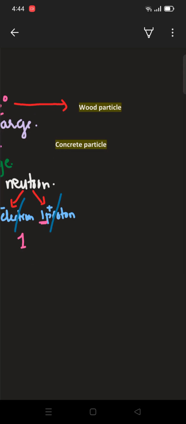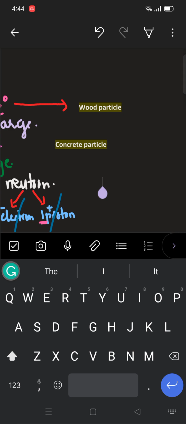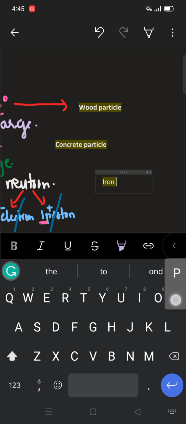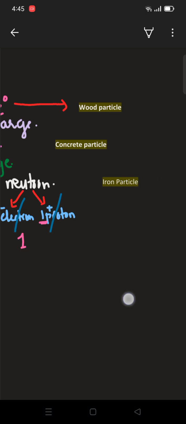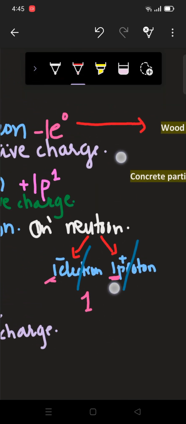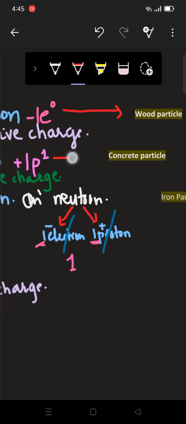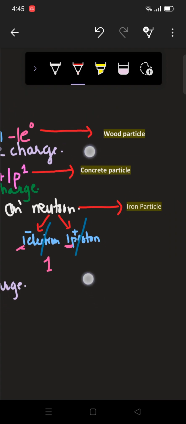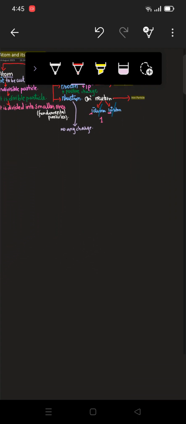Neutron has a higher mass than both these particles. That's why we call it an iron particle, because we know that iron has a little bit more weight than both of these. So electron is known as wood particle, proton is known as concrete particle. However, neutron is known as iron particle.